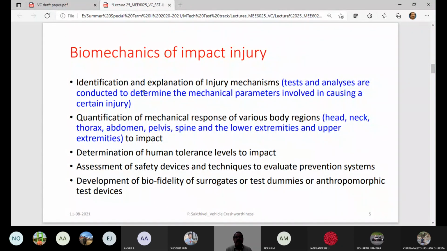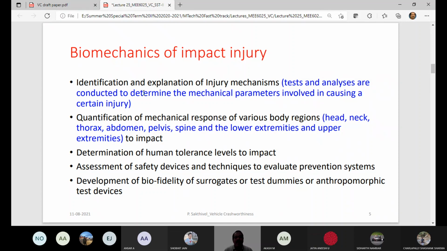It's right from head, neck, thorax, abdomen, pelvis, spinal, and lower and upper extremities, all for the impact during the collision. The third objective is, if we are good at identifying and able to quantify the mechanical response, you can come out with a determination of human tolerance levels to impact.